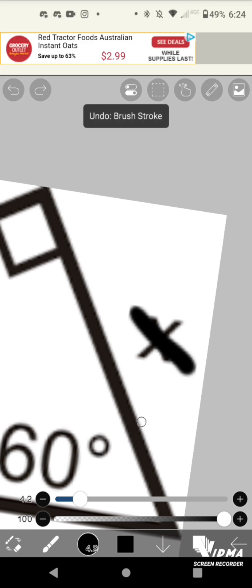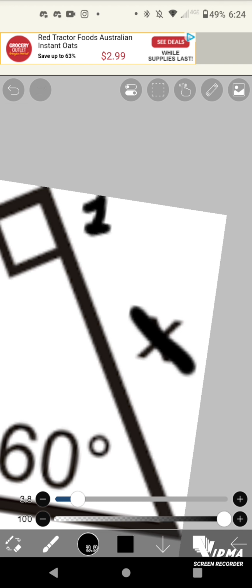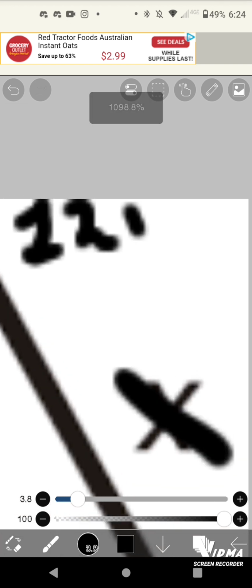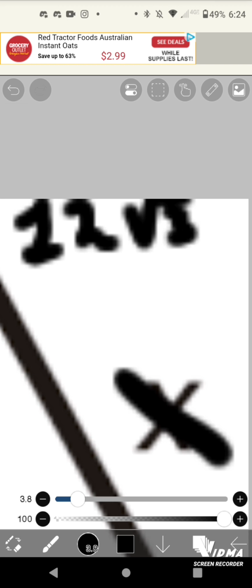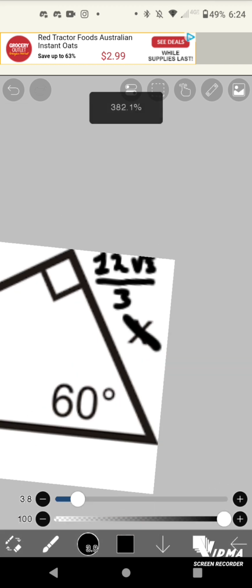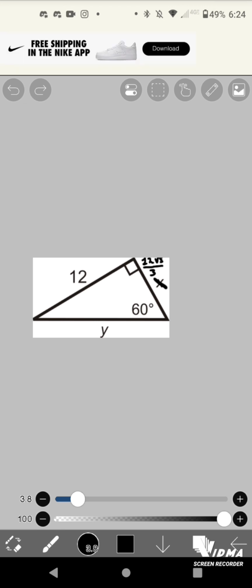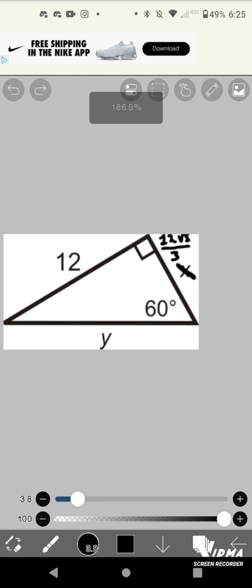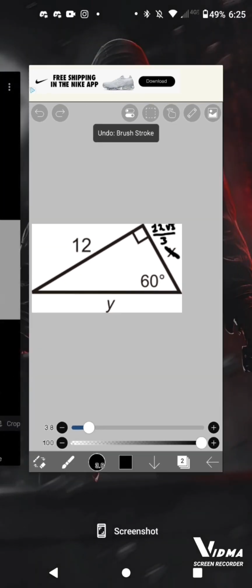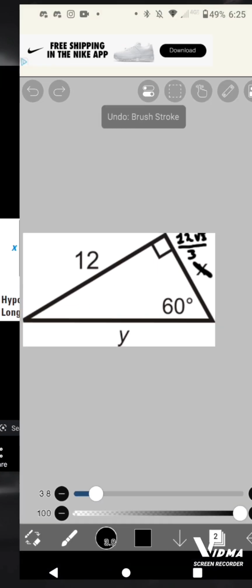I'm sorry. 12 root 3 over 3. That is our short leg. And now that we have the short leg, aka the golden special child, because that's the one that has all the relationships. It's the social one. It's the one that everyone wants to be. Now, since we have him, we can get the hypotenuse. The hypotenuse is really simple. It's just double the value.